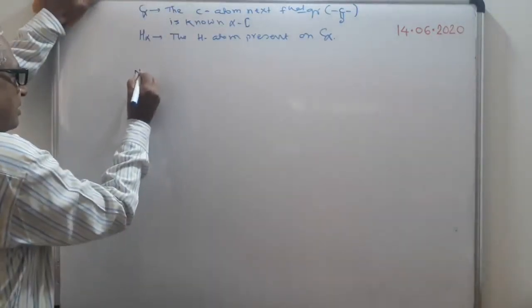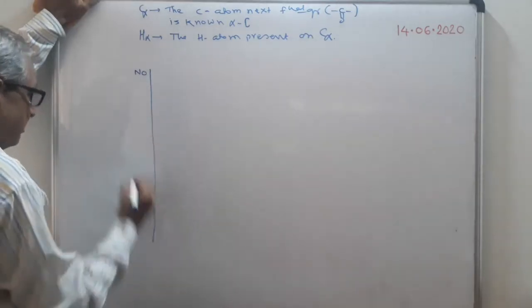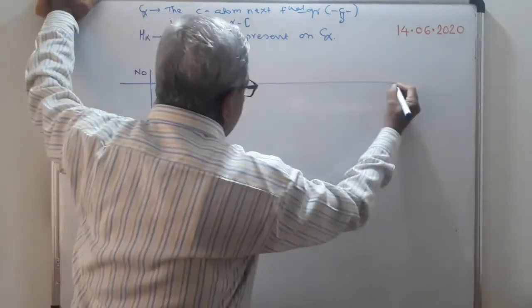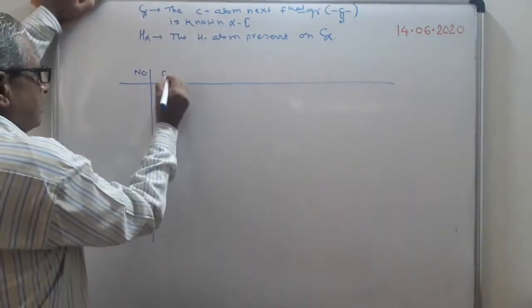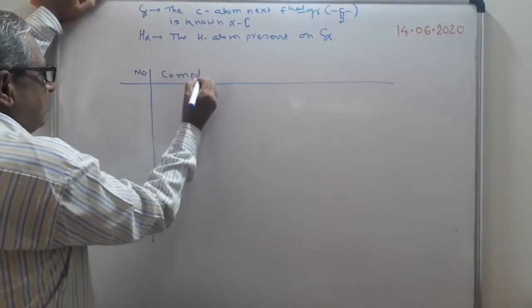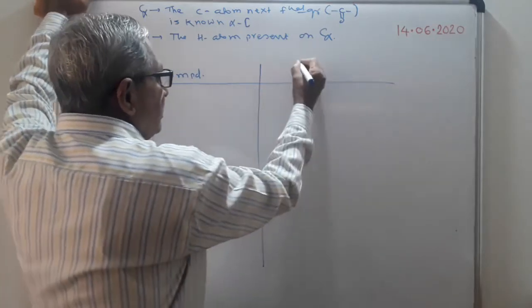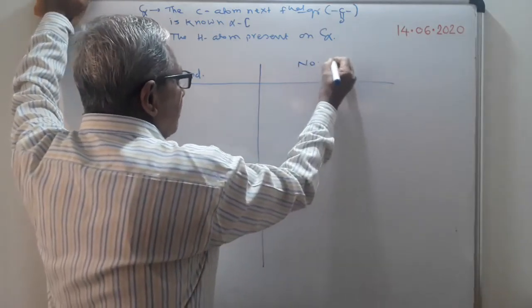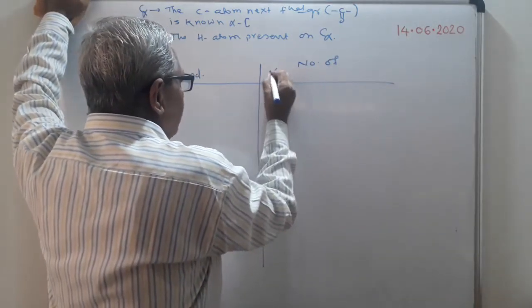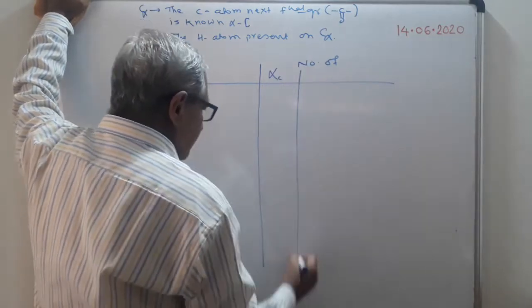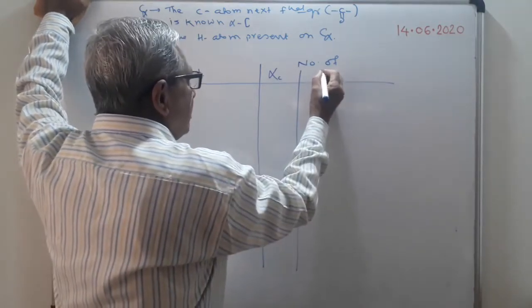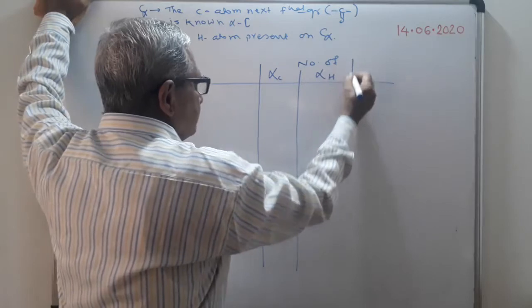I will prepare a table: the compound number, then the compound, it may be aldehyde or ketone, then the number of alpha carbon and the number of alpha hydrogen.